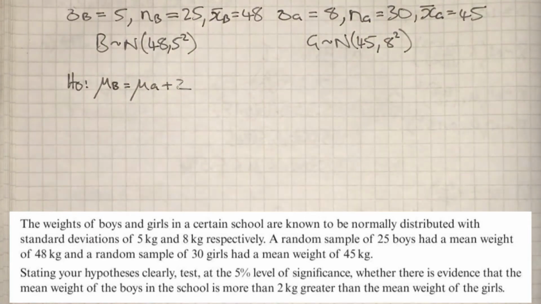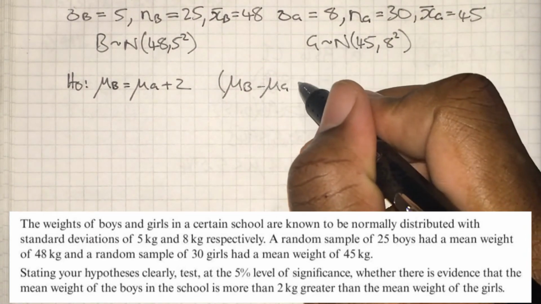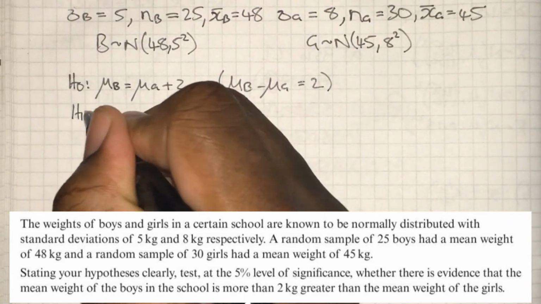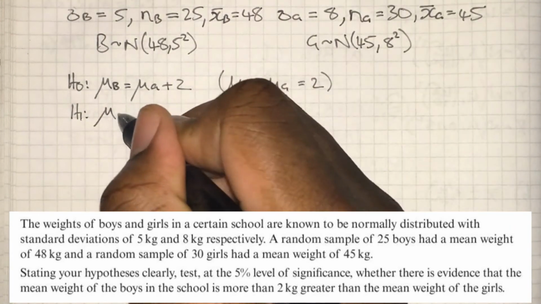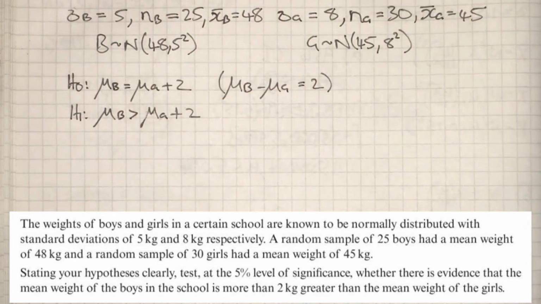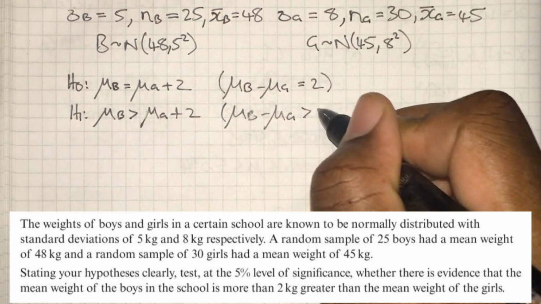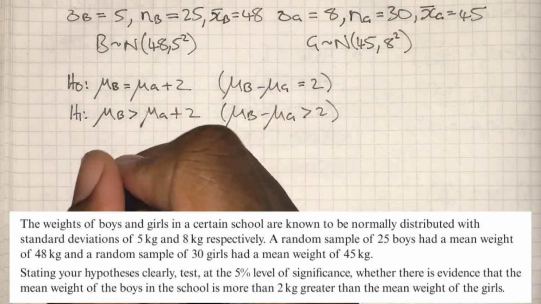If we were to rearrange this once again, I'll get that the difference between them equals 2. So this is a way to indicate that the boys' mean is expected to be 2 above the girls' mean. Alternate hypothesis is going to be greater than, and our rearrangement once again, the difference is greater than 2.